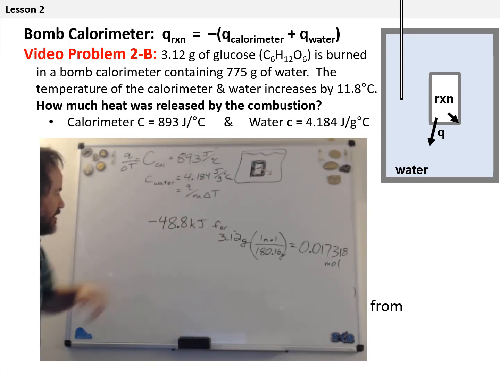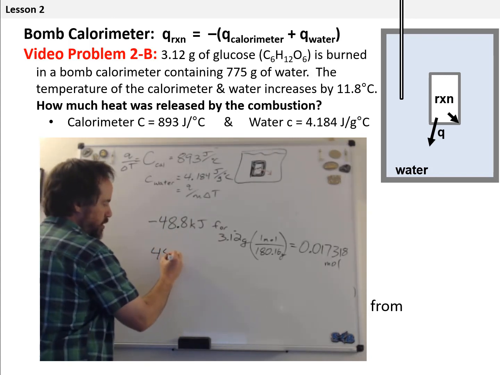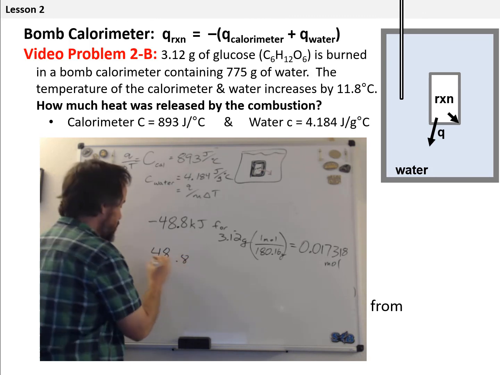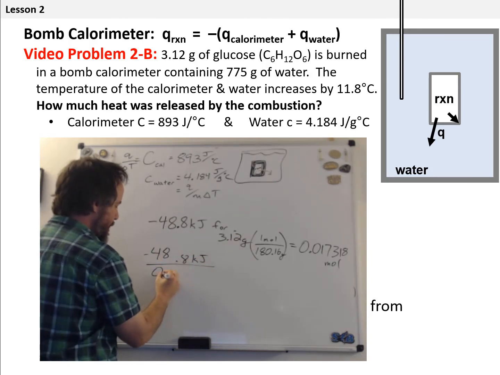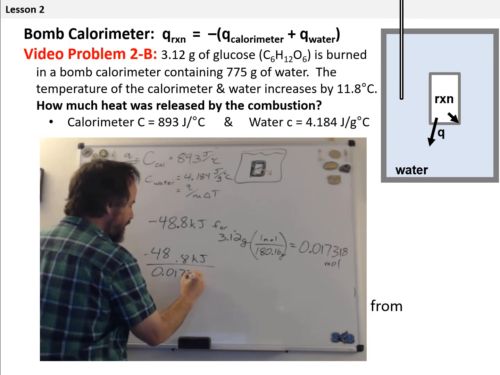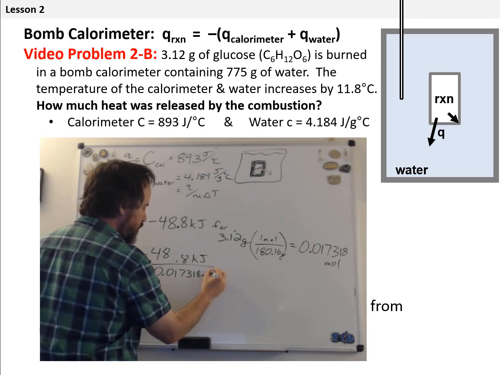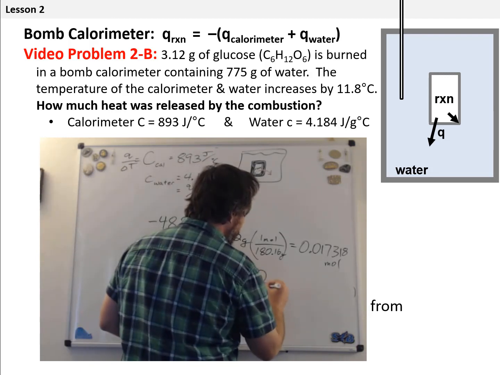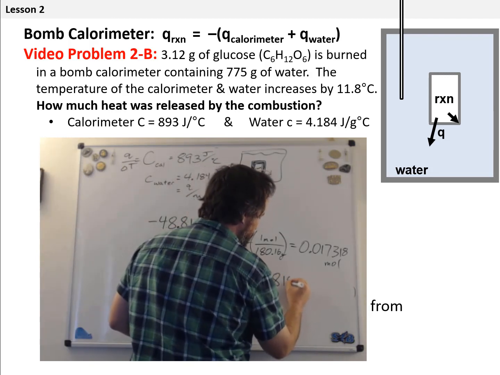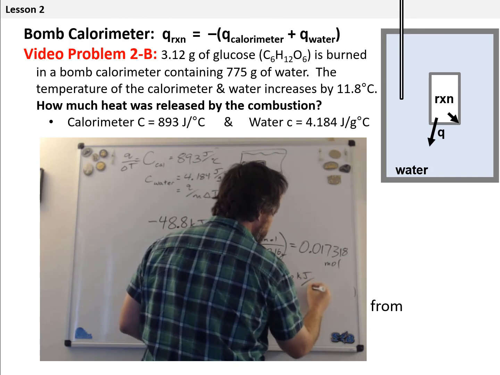Okay, I can take this value divided by the number of moles, and that's going to get me the number of kilojoules per mole.